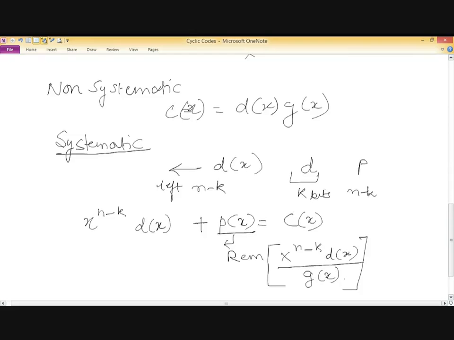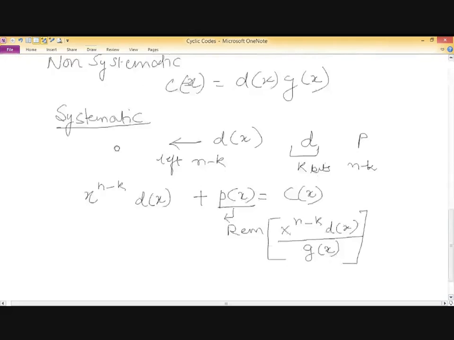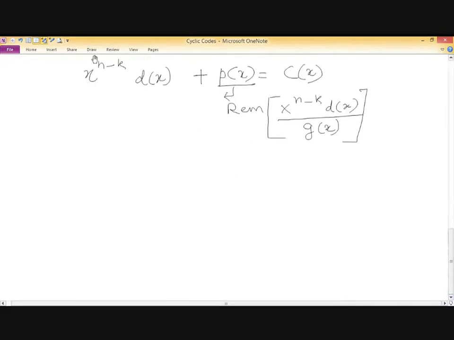Okay, so this was discussed in the last lecture, and in the derivation we came across this: x to the power of n minus k d(x) plus p(x).